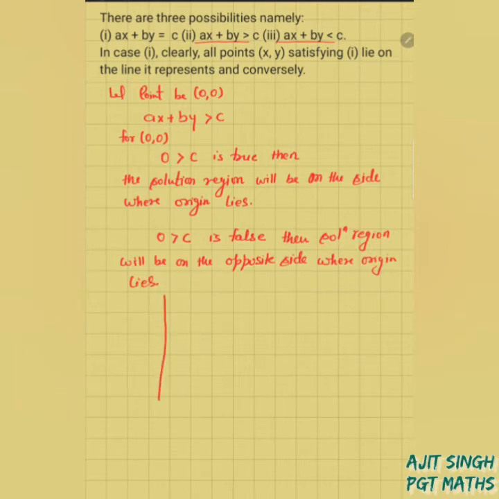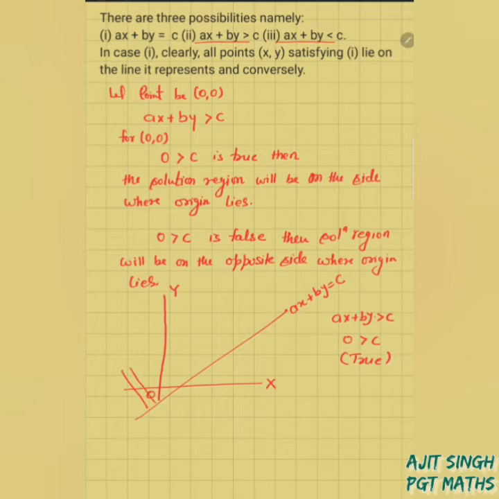For example, this is the coordinate system, x-axis, y-axis, origin, and suppose this is the line ax plus by equal to c. For the condition ax plus by greater than c, if 0 greater than c is true, then the solution region will be on the upper half of the plane, this side, because the origin lies in the upper half.